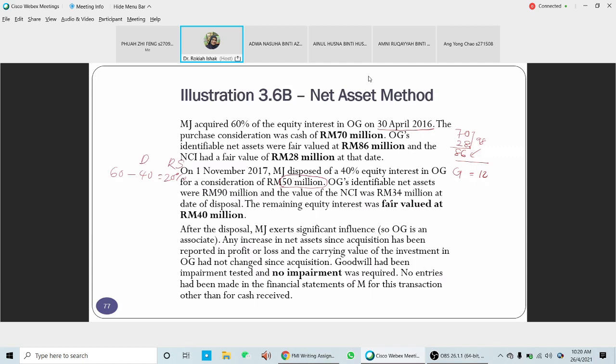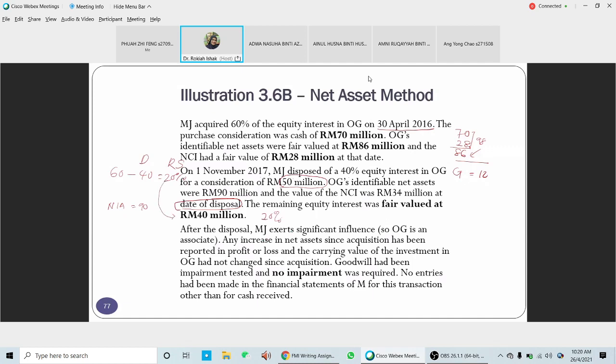OG's identifiable net asset was 90 million and the NCI value was 34 million at the disposal date. The remaining equity interest has a fair value of 40 million. So this one is a 20% interest. The value here is 40 million.